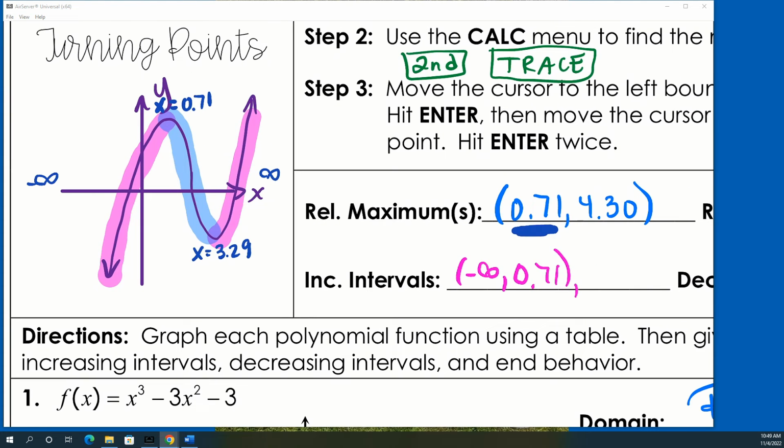All right. Then I have another section increasing. So I start increasing at this minimum, which is where x is 3.29. And I'm going to increase forever and ever and ever to the right, which is positive infinity.